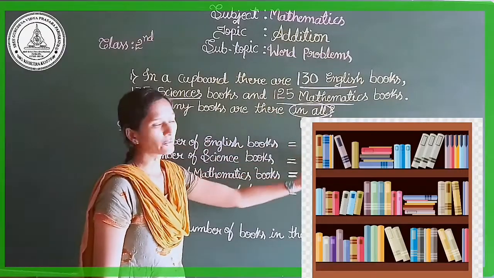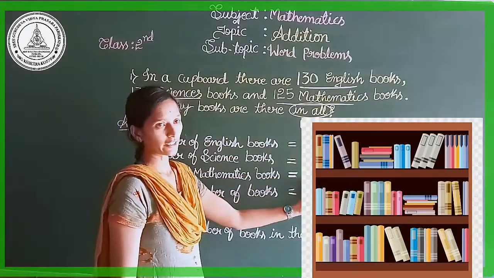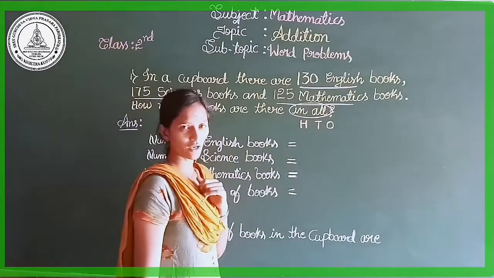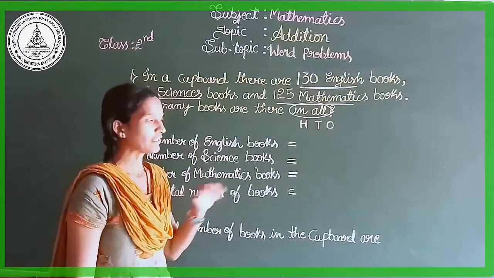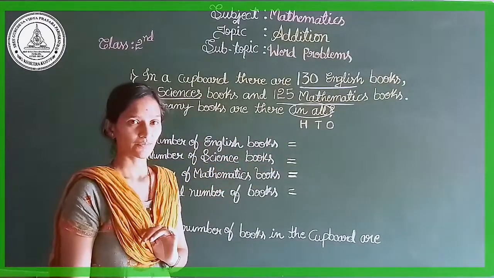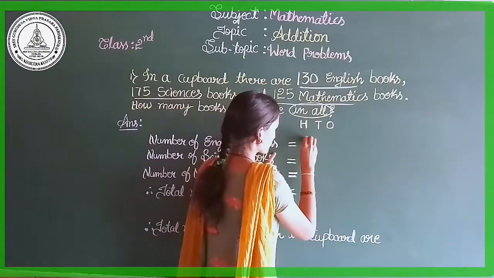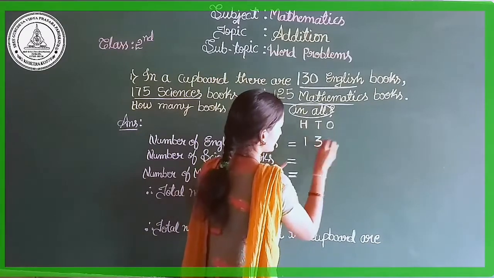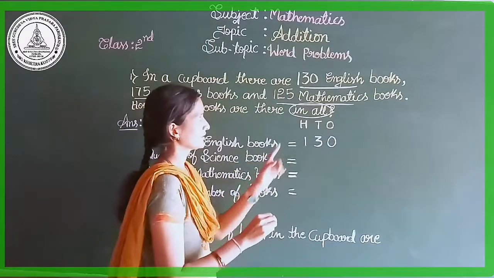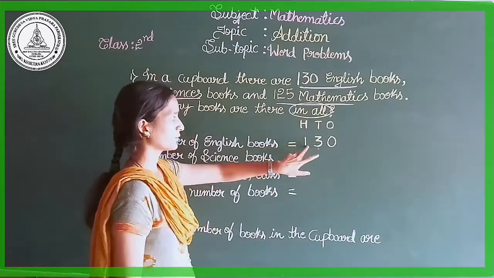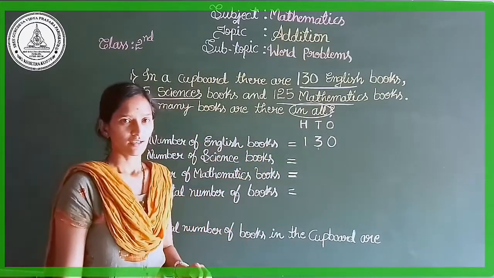Here also you have to write down in a proper way under hundreds, tens and ones columns, so it will be easy to calculate. So 130 English books. 130: 0 is in ones, 3 in tens and 1 in hundreds.